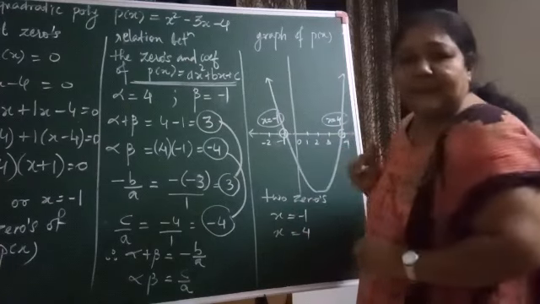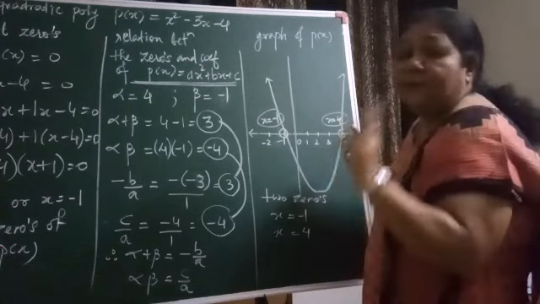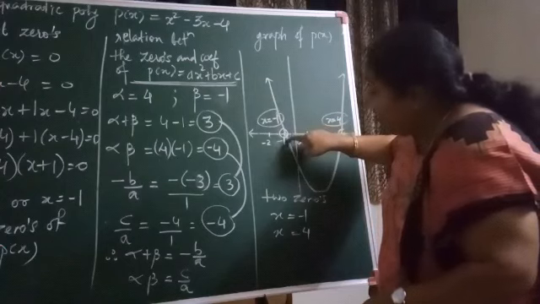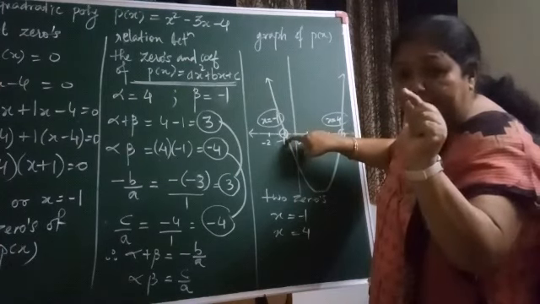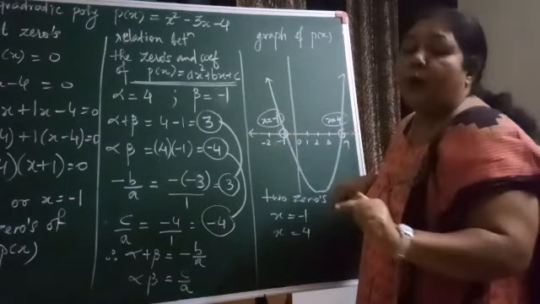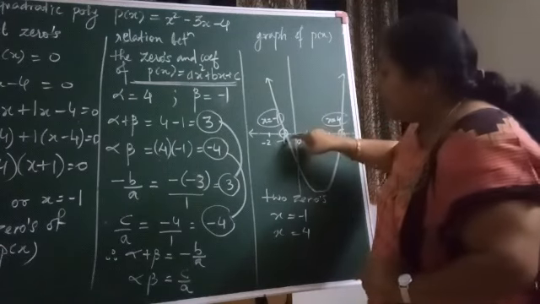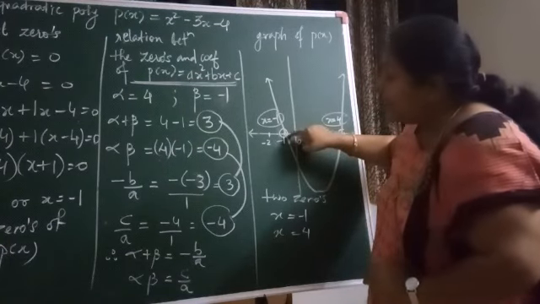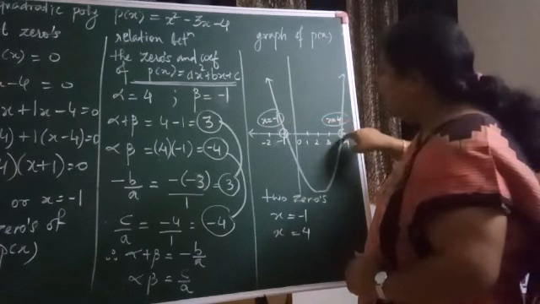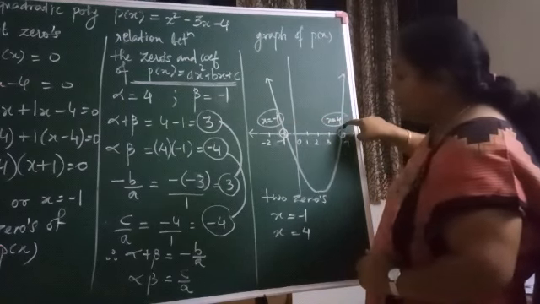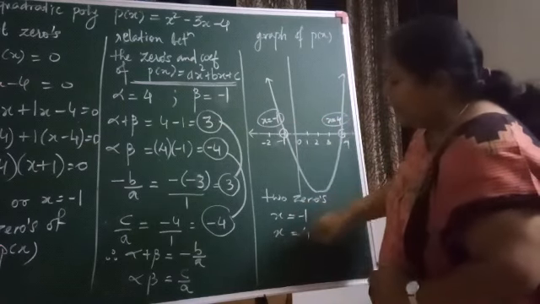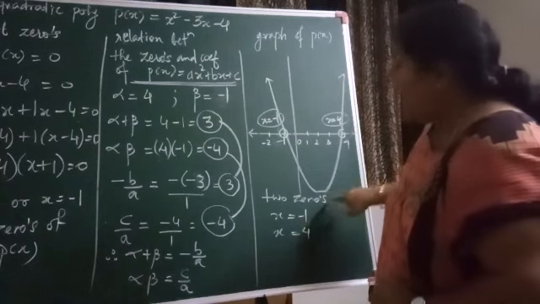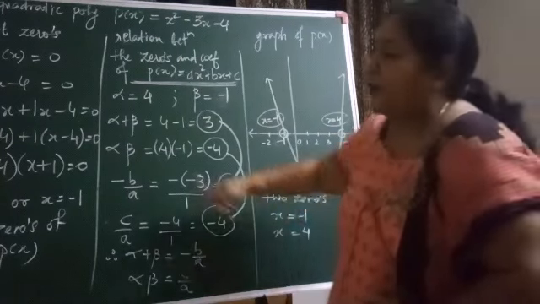So when it intersects at 2 different places, you have 2 zeros, and the x coordinate where it intersects is called a zero of the polynomial. So it is intersecting the x-axis at x is equal to -1 and x is equal to 4. So x is equal to -1 and x is equal to 4 are the 2 zeros of the polynomial.